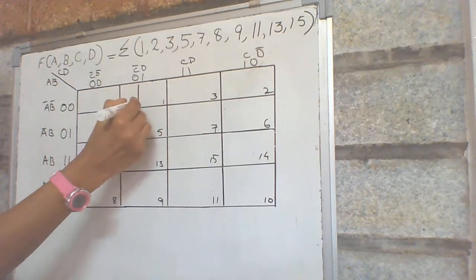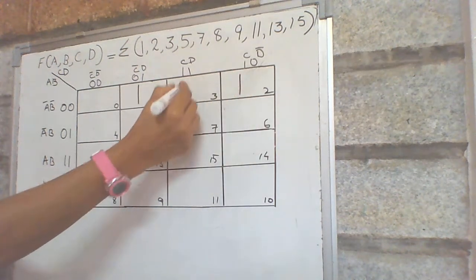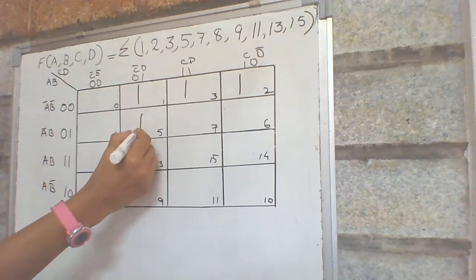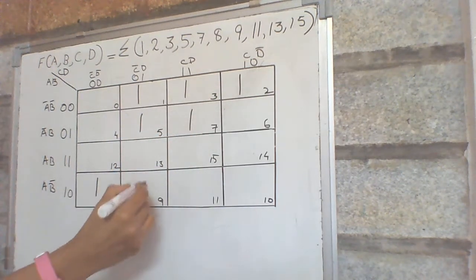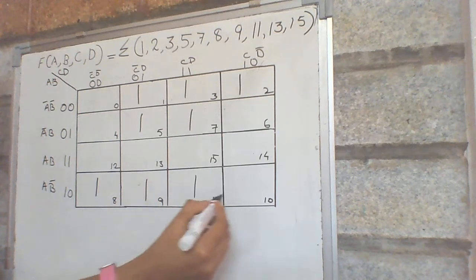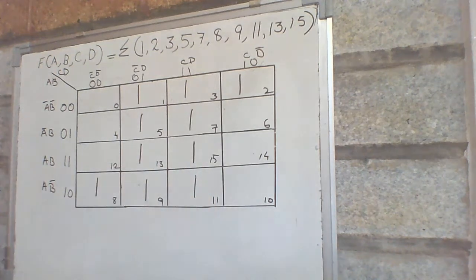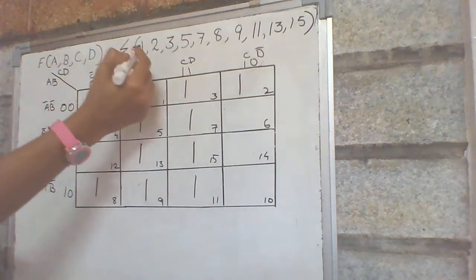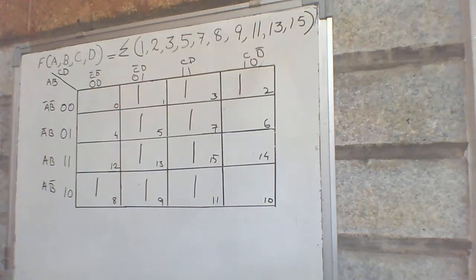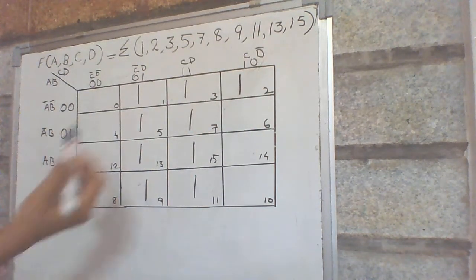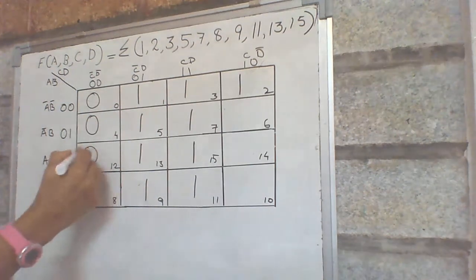Then 2, 3, 5, 7, 8, 9, 11, 13 and 15. First represent 1 in all these cells. Next, in the remaining cells you put 0.